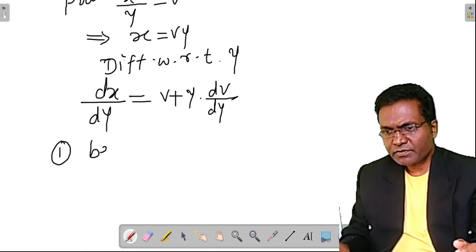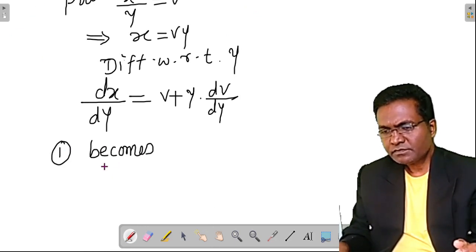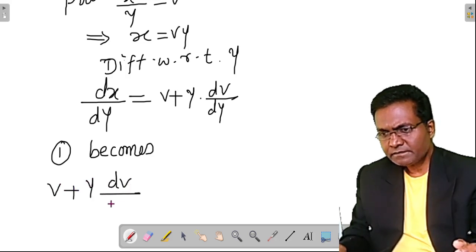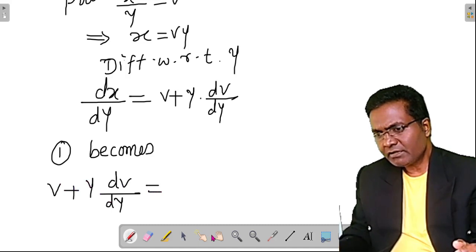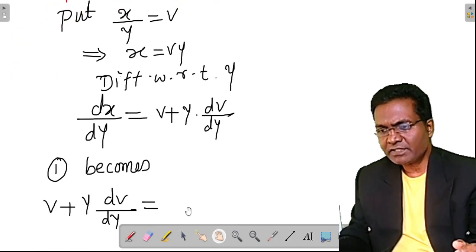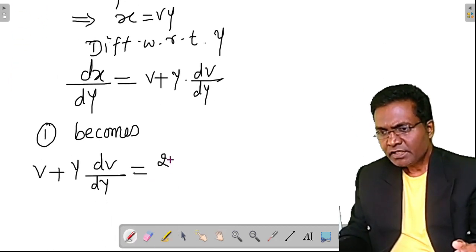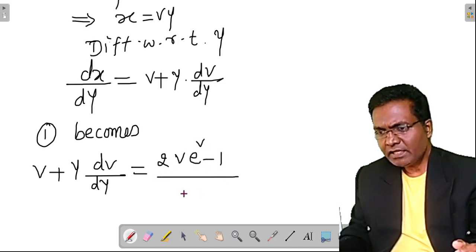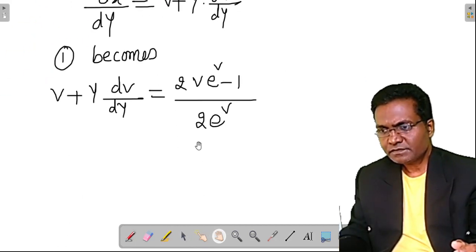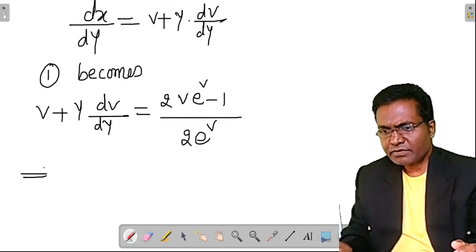So equation 1 becomes v plus y dv by dy equals, look at this, 2x by y e^(x/y) means 2v e^v minus 1, so it is (2v e^v minus 1), and in the denominator, it is 2 e^v. Now try to separate the variables.